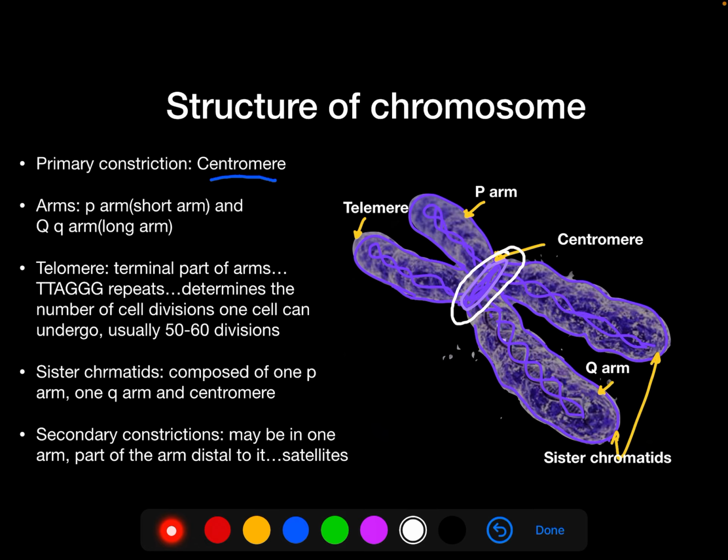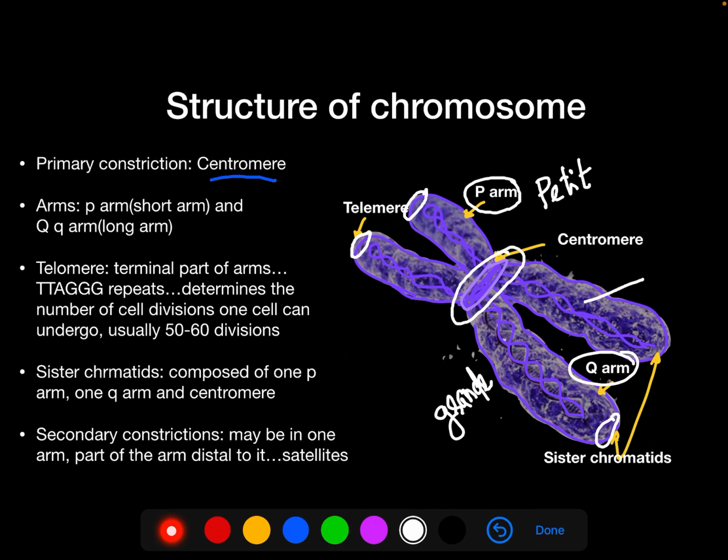The arms are known as the P arm or short arm. P stands for petite. And there is the Q arm or long arm. Q stands for grande. The ends of the arms are called telomeric ends.